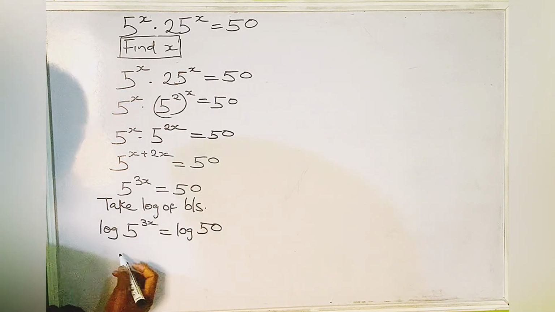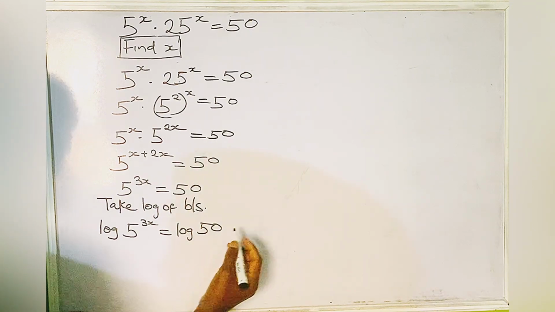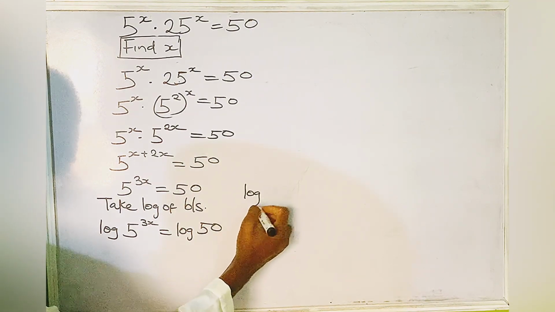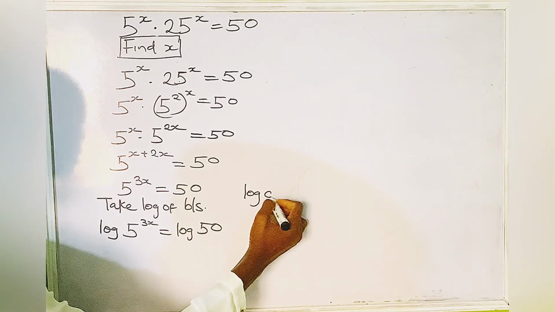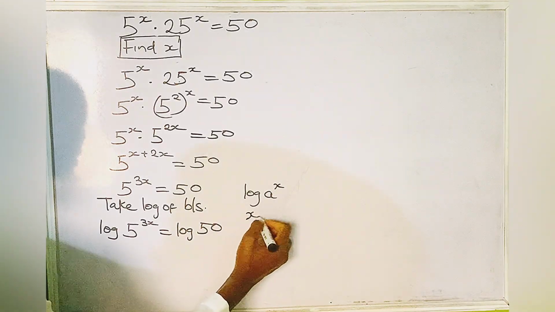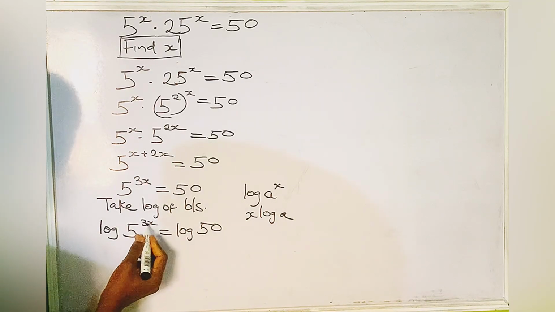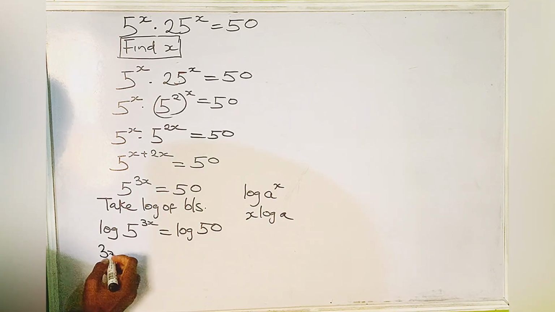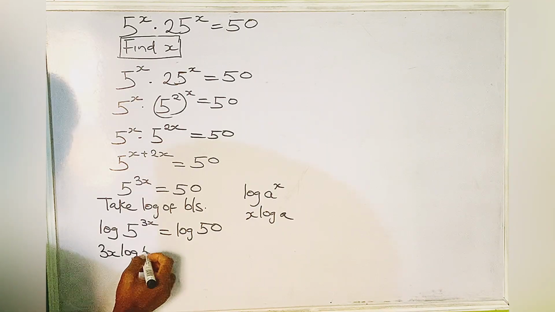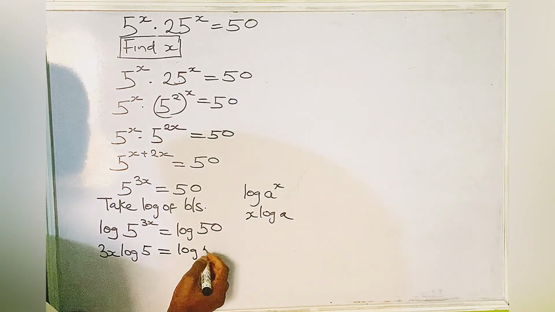All right, now we can say that when you have log a to the power of x, it's the same thing as saying x log a. So we're going to be applying this here. We are now going to take this and say 3x log 5 is equal to log 50.